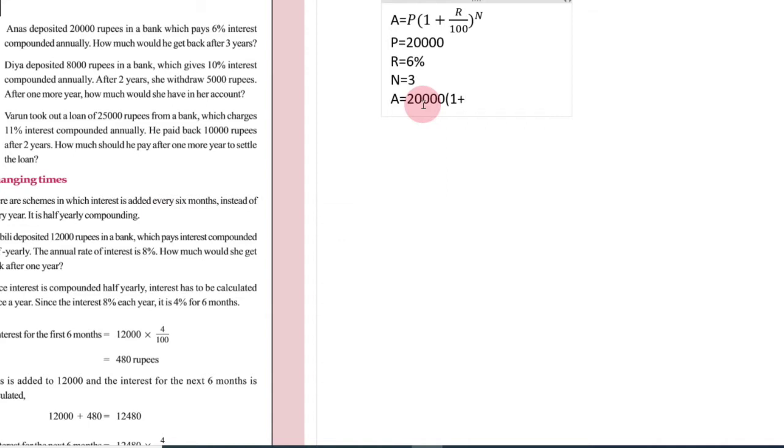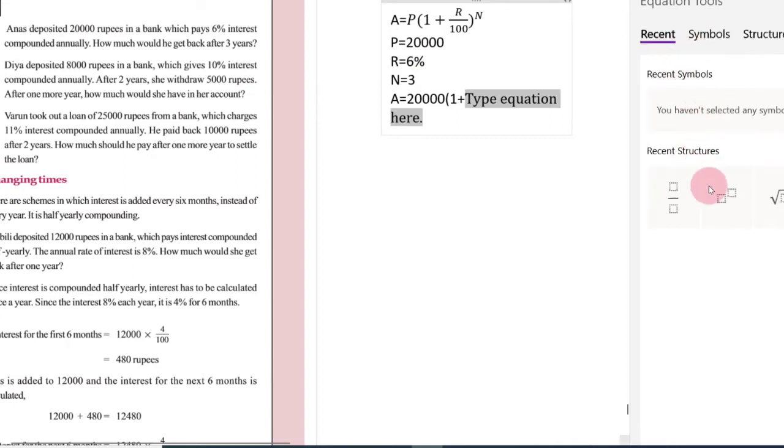R is equal to 6, so 6 by 100. Raised to n. What is n here? n is equal to 3. So 20,000 into 1 plus 6 by 100 raised to 3 is the equation.